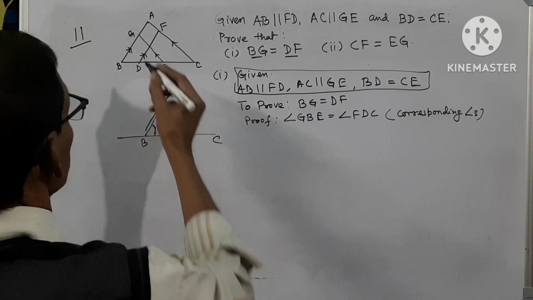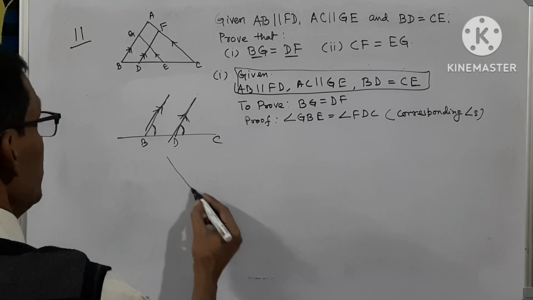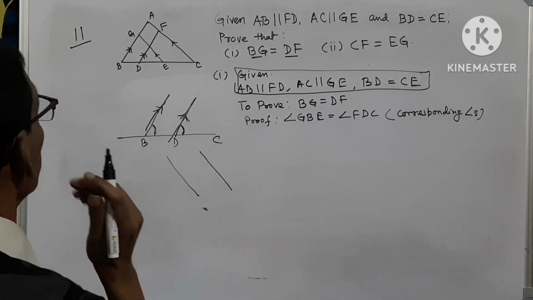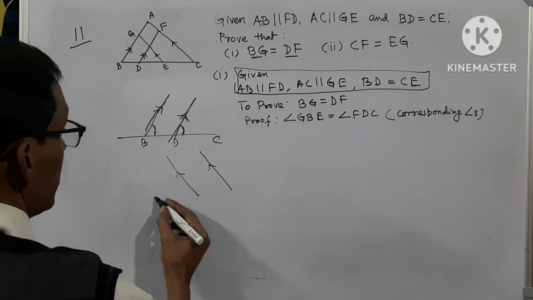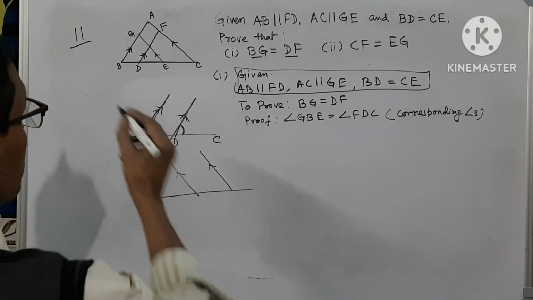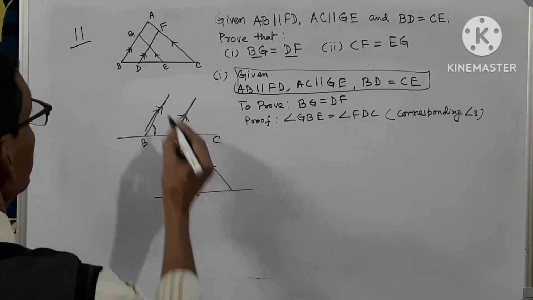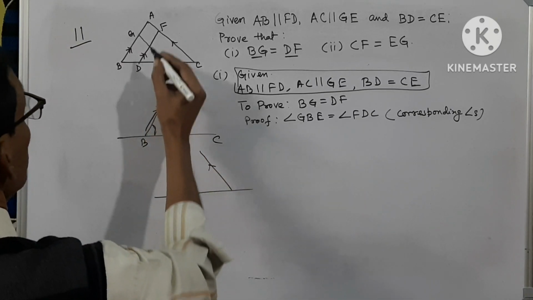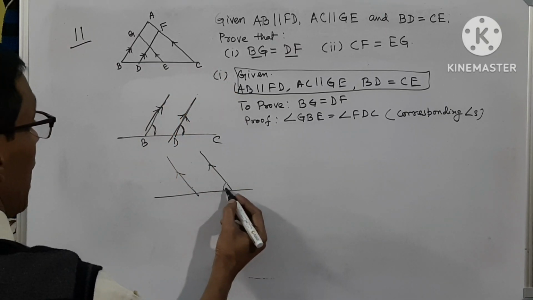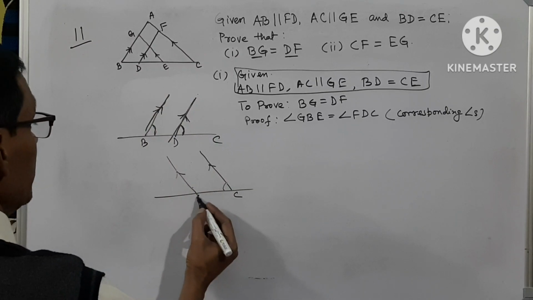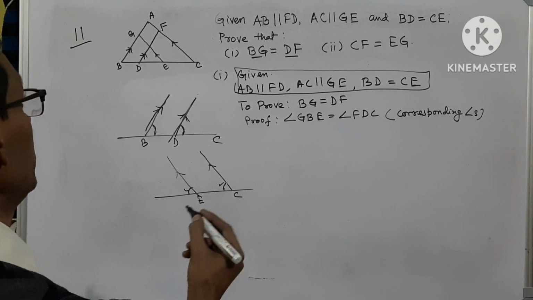And similarly, GE and AC are parallel, and BC is the transversal. So this angle and this angle, that means angle C and angle E, left side, they will be equal.